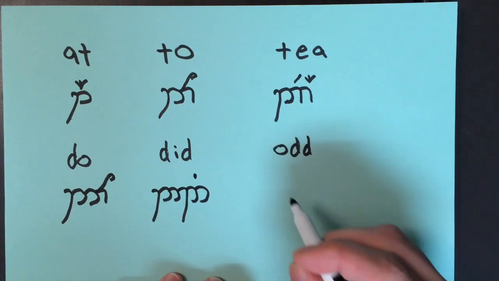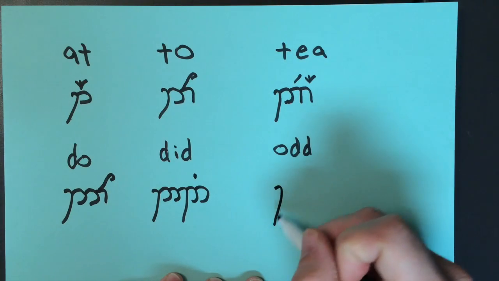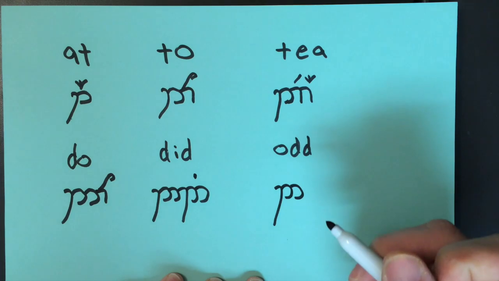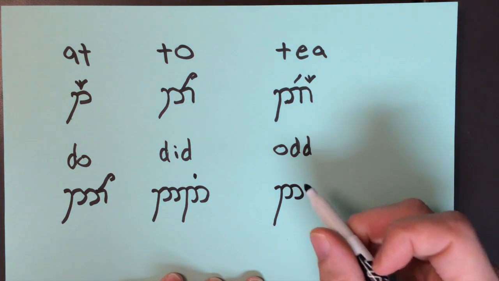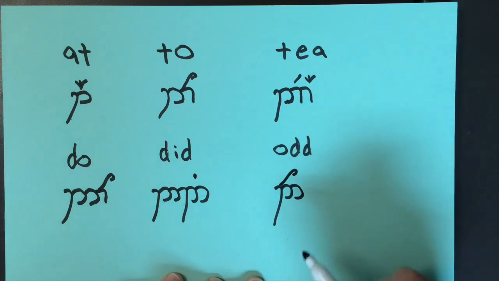Okay, now let's do odd. So in this case, we want to draw a D, and we want to draw our vowel, which is the O, on top.